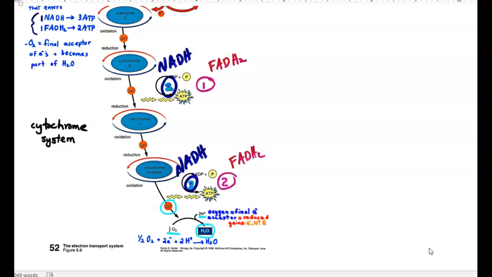That oxygen gets reduced, gains electrons, hydrogens, and energy, and the oxygen you breathe in becomes water. So whenever you make ATP, you are making water.